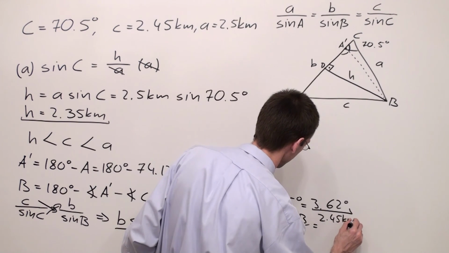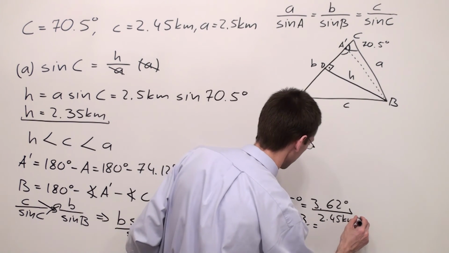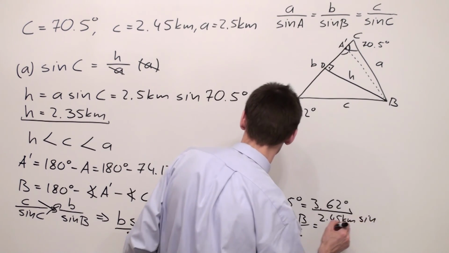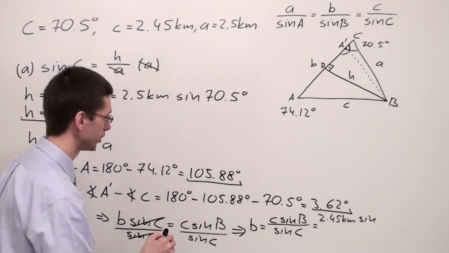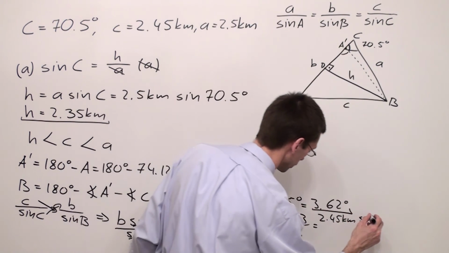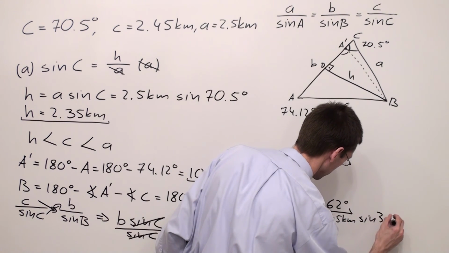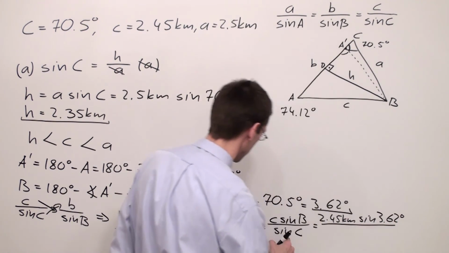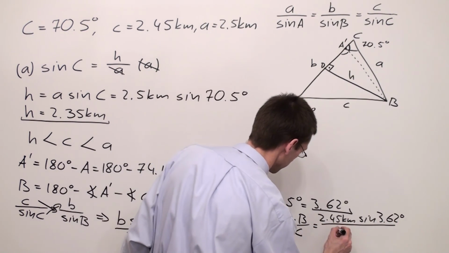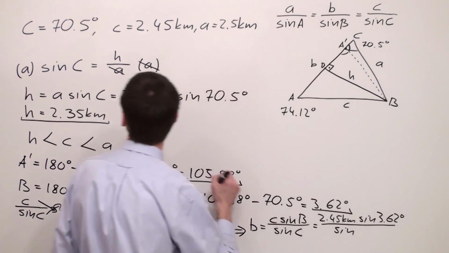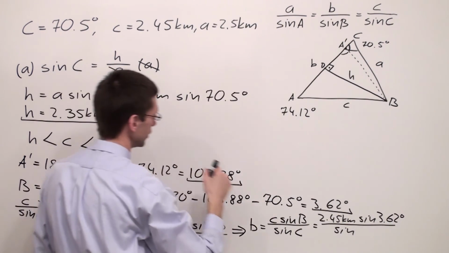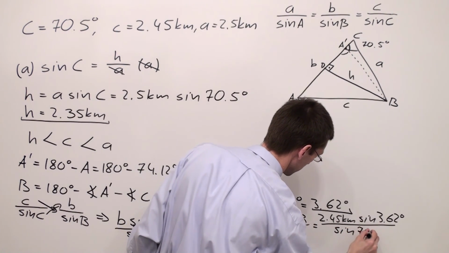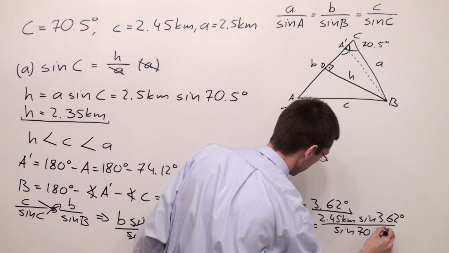times sine of angle B over sine of angle C, where C is equal to 2.45 kilometers, and we have sine of angle B, where B is equal to 3.62 degrees, over sine of angle C, and angle C is equal to 70.5 degrees. Okay.